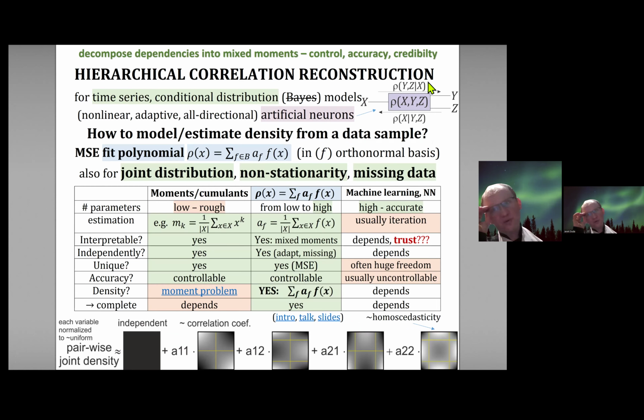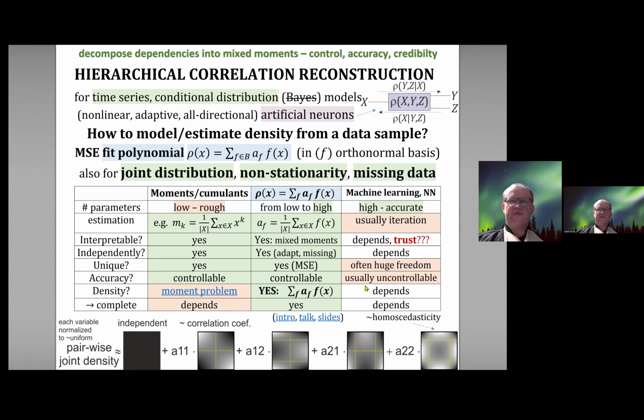Okay, now let me go to this HCR methodology. This is a large family of methods I've been developing for many years. Generally, this is a world of methods between classical statistics, where we work on moments, we have interpretability, and we estimate them independently. They are unique and we have some accuracy control, but they provide only a very rough description, and it's difficult to find the density they represent.